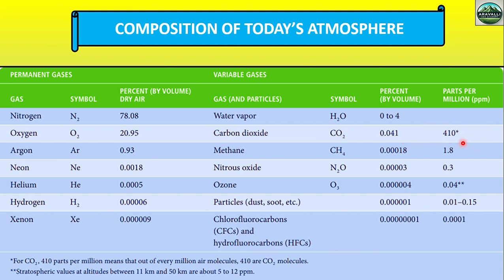The third most abundant variable gas is methane, CH4. Then nitrous oxide, N2O, then ozone, then particulate dust or soot, then chlorofluorocarbons or hydrofluorocarbons. So remember separately which are the variable gases and which are the permanent gases, and their concentrations. Let's discuss in detail.